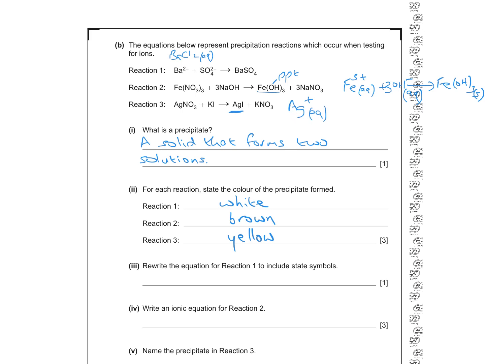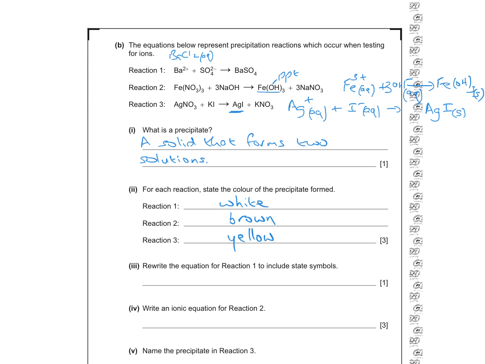So these silver ions come from the silver nitrate solution. Silver nitrate solution, when you see that, you should automatically be thinking, okay, I'm testing for a chloride, bromide, or iodide. And they are going to react with iodide ions. And those have come from the potassium iodide solution. And when they combine, it forms the insoluble silver iodide. It's a solid, and that's what the yellow precipitate is.